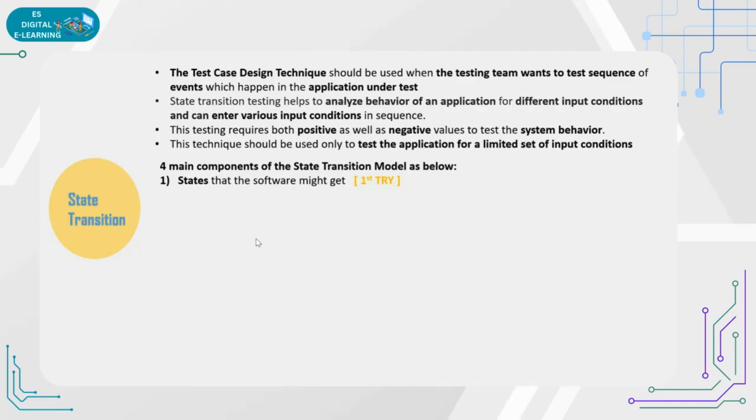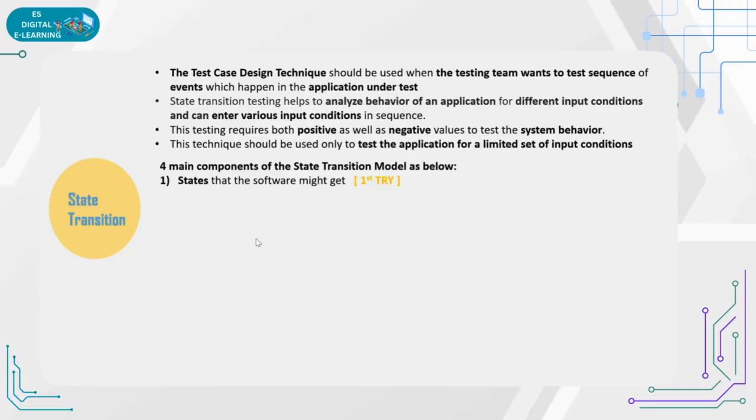That is the first step. After inserting the card, what action will it take? It will ask whether you need to withdraw cash or check the balance. That is one state. That is one page. So the page is nothing but the state.